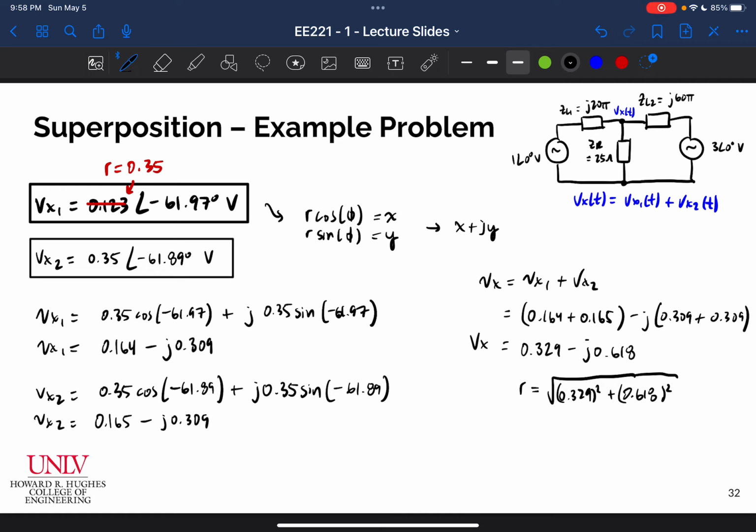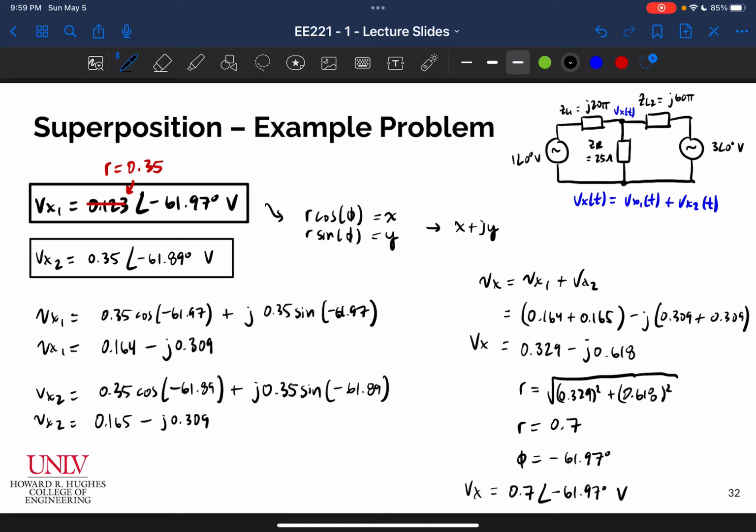Take my square root, I get that R is equal to 0.7, and then my angle is going to be the tan inverse of negative 0.618 divided by 0.329, negative 61.97. All right, so my final value for Vx in phasor is 0.7 angle negative 61.97 degrees volts.